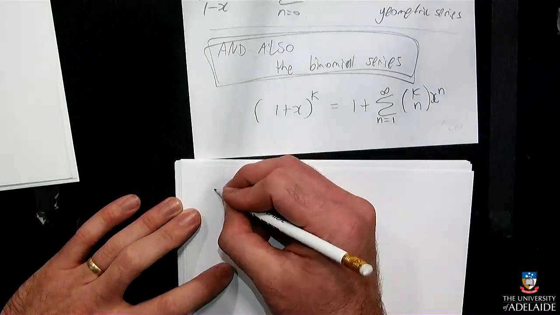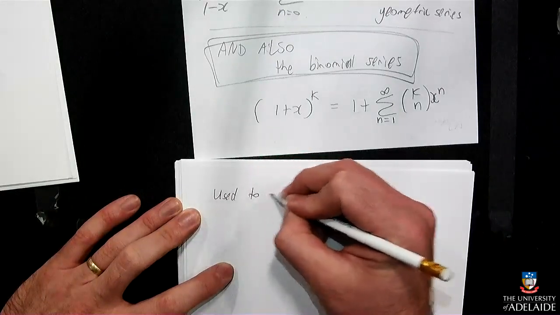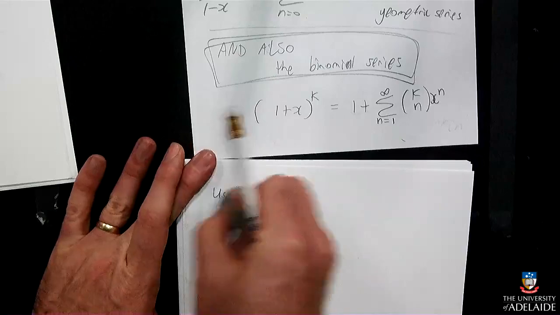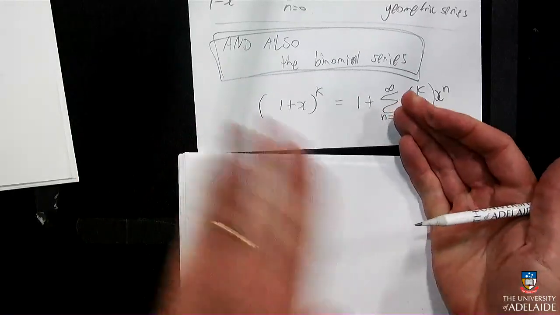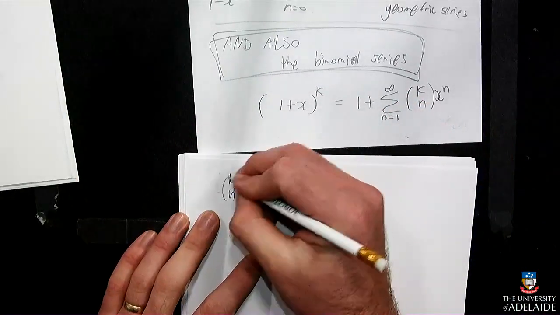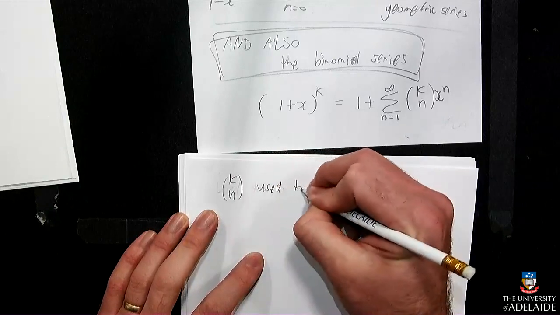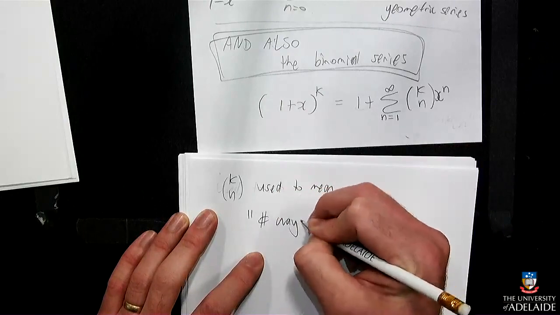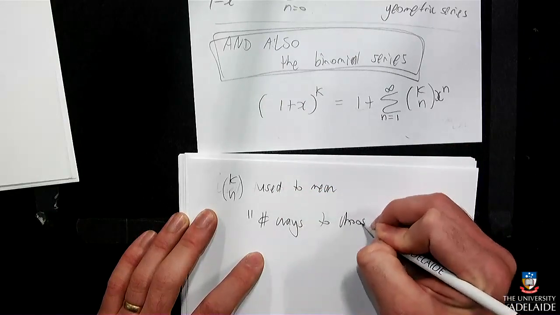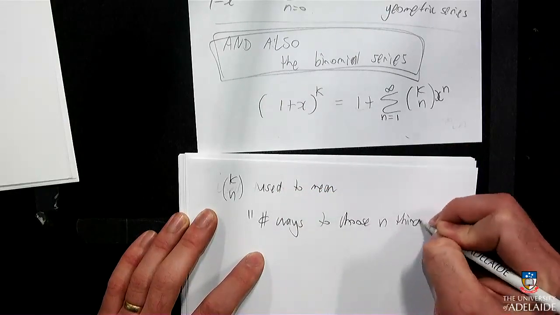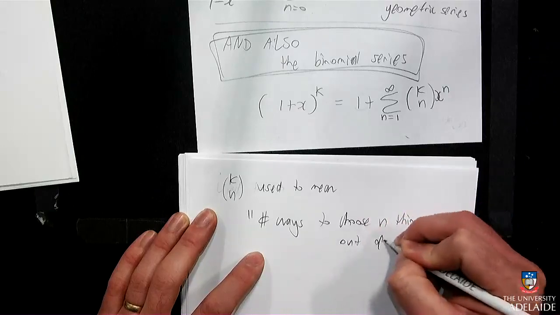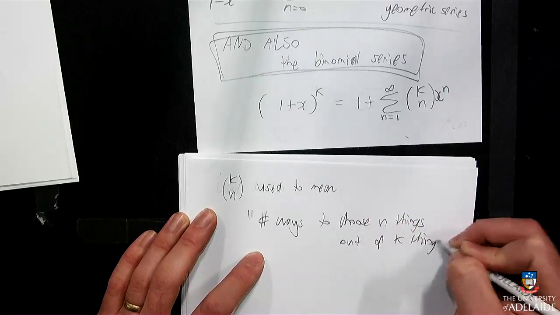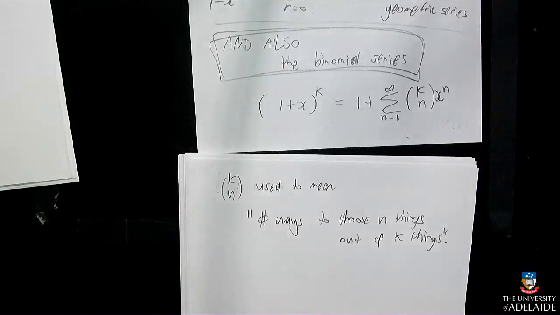So, k choose n used to mean the number of ways to choose n things out of k things. It does not mean that anymore in the binomial theorem.